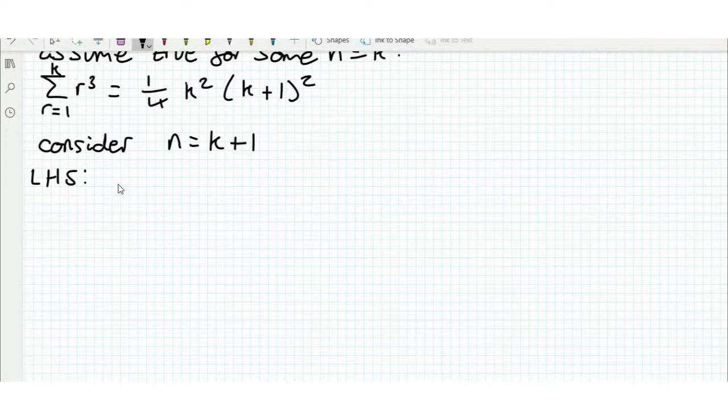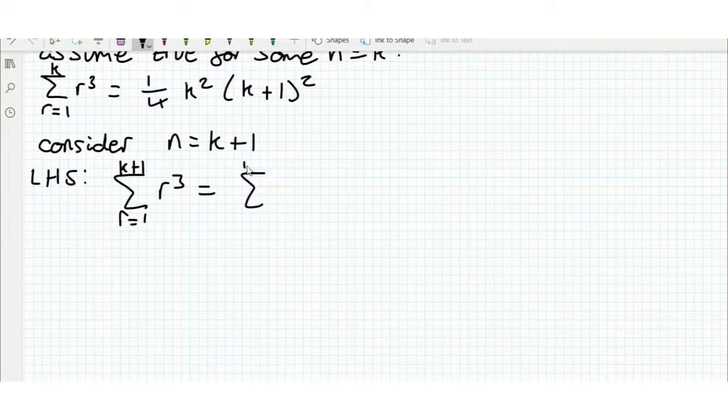So the left hand side is the summation from r equals 1 to k plus 1 of r cubed, and we want to write this in terms of the assumption. That's equal to the term where r is equal to k plus 1, which is just substituting k plus 1 into r cubed, plus the sum from r equals 1 to k of r cubed.